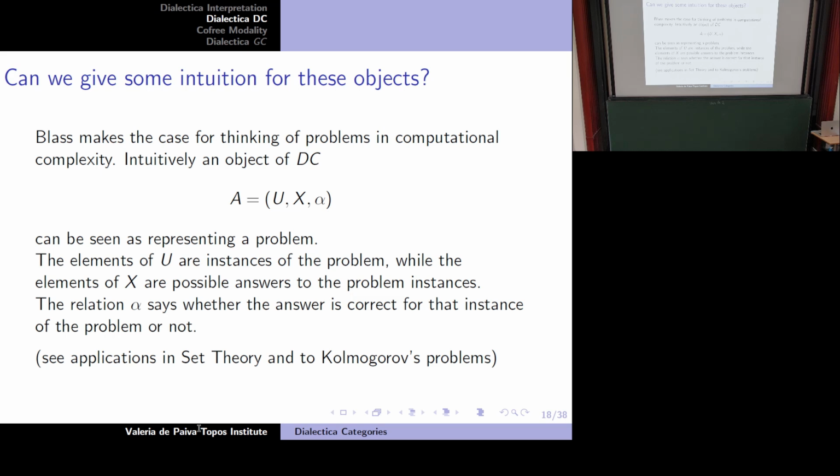And the relation is only going to say whether the answer is correct or not. This is something that Andreas Blass said in 1993. He looked at the stuff that I was doing and said, oh, you should think about it like that. And that explains some of the applications in set theory and in Kolmogorov's theory of problems from 1932. So you can push these things back quite a bit.